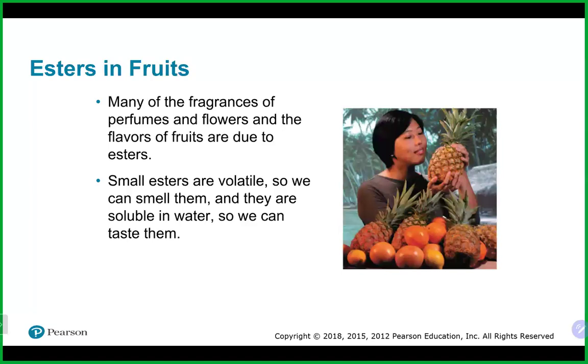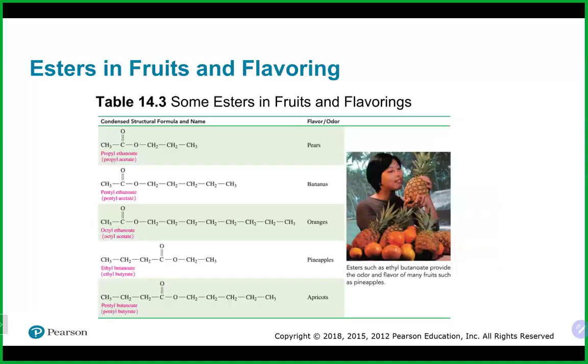All right, so as I mentioned before, esters are responsible for a lot of the aromas and fragrances that we see. Small esters are volatile, which means you can smell them really easily, which I think is kind of like the lab this week. Put them together and don't have too much of the chemicals, but you should be able to waft them towards you safely, hopefully. So as you can see here, these are all esters, and they're responsible for the flavor and odor of pears, banana, oranges, pineapples, apricots.